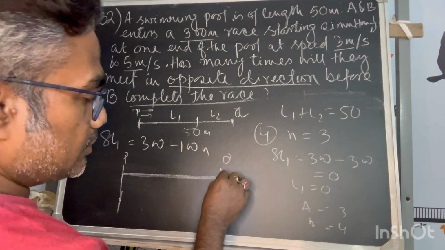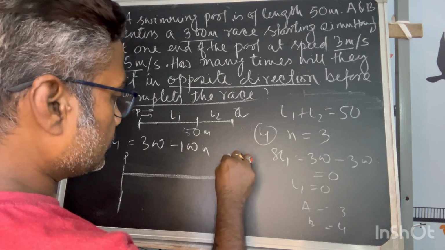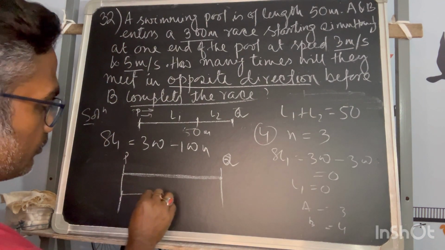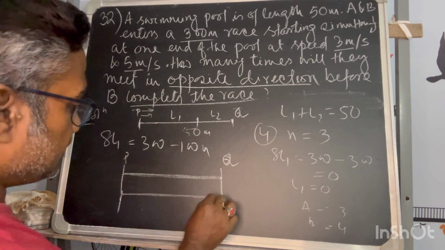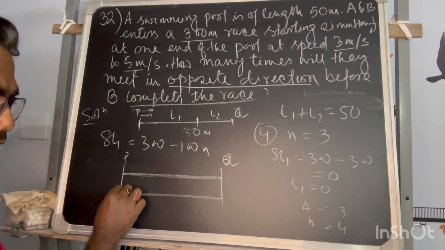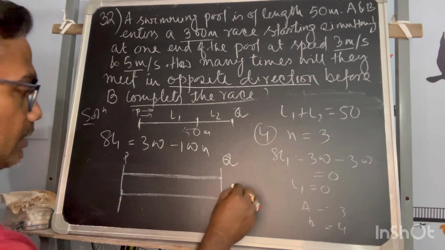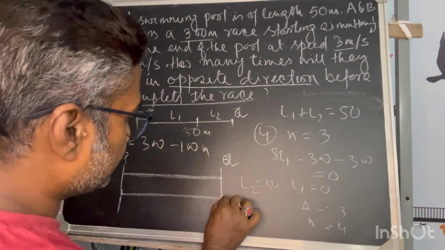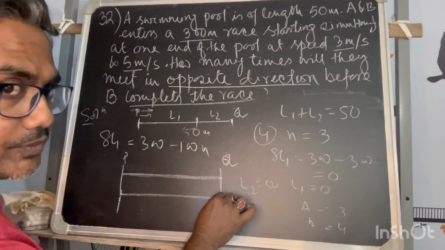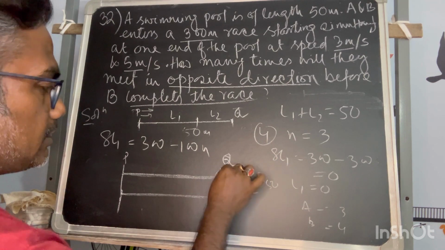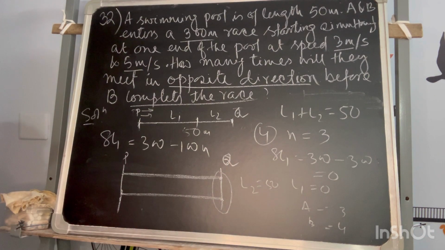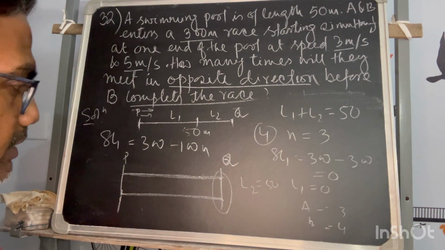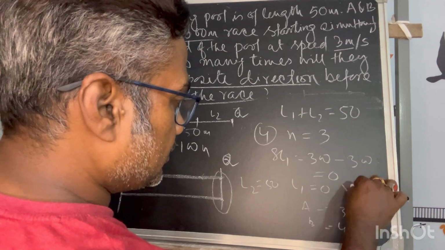Then after L1 is equal to 0, that means he will reach Q. And what about B? He is covering 4 laps, 1, 2, 3, 4 laps. Okay, 4 laps completed. Then what is the L2 value? If L1 is 0, L2 is 50, that means he is covering again 1 lap. So where are they right now? In this terminal. So in this terminal they are not in the opposite direction, they are in the same location. Then after they will move in this direction. So they will not be in opposite direction. So this is the situation, this cannot be accepted.